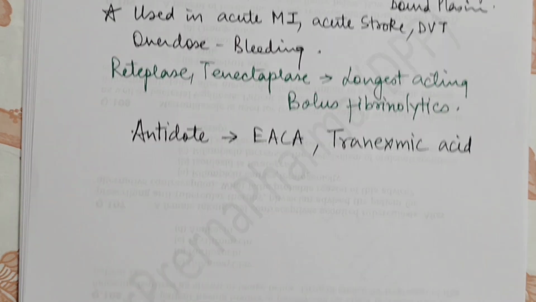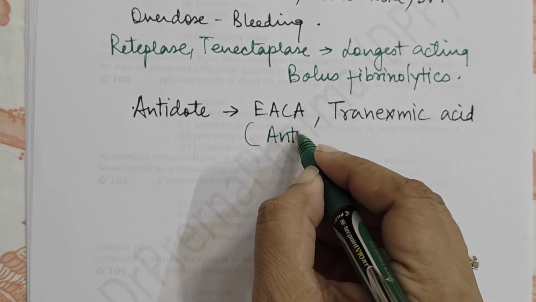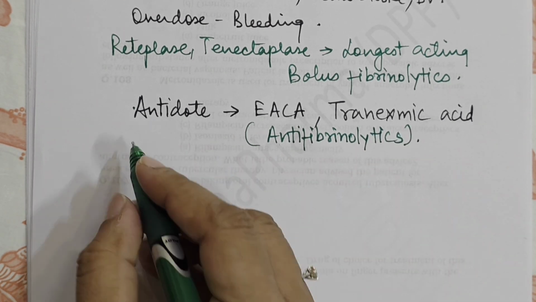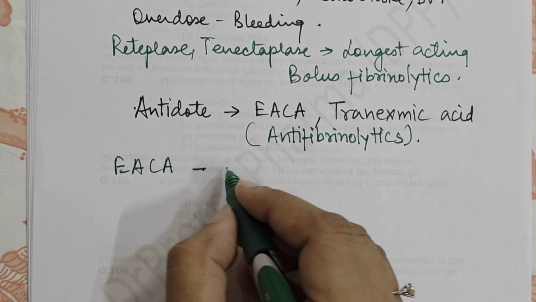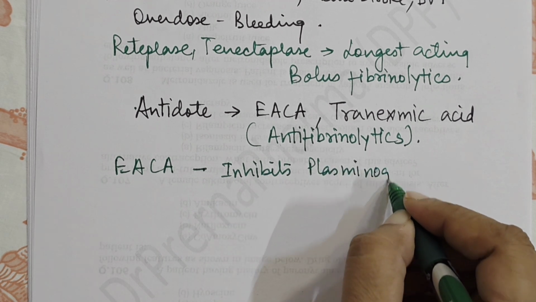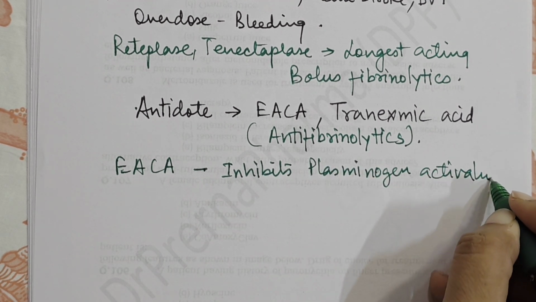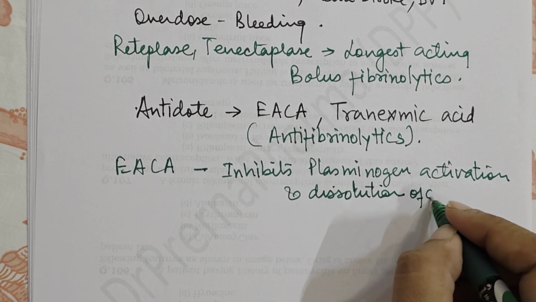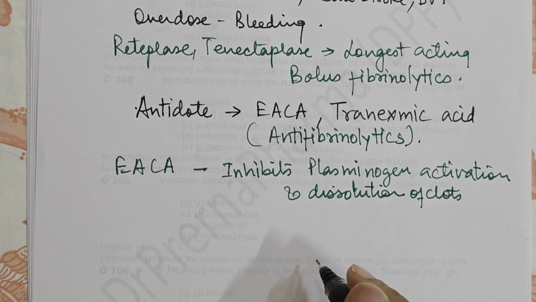What are these substances called? These substances are called antifibrinolytics. Epsilon aminocaproic acid inhibits plasminogen activation and inhibits the dissolution of clots. This is a specific antidote for the thrombolytics.